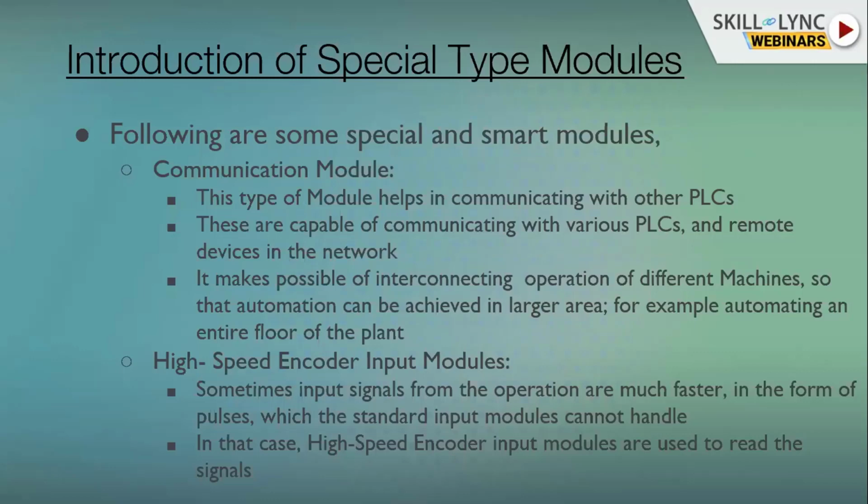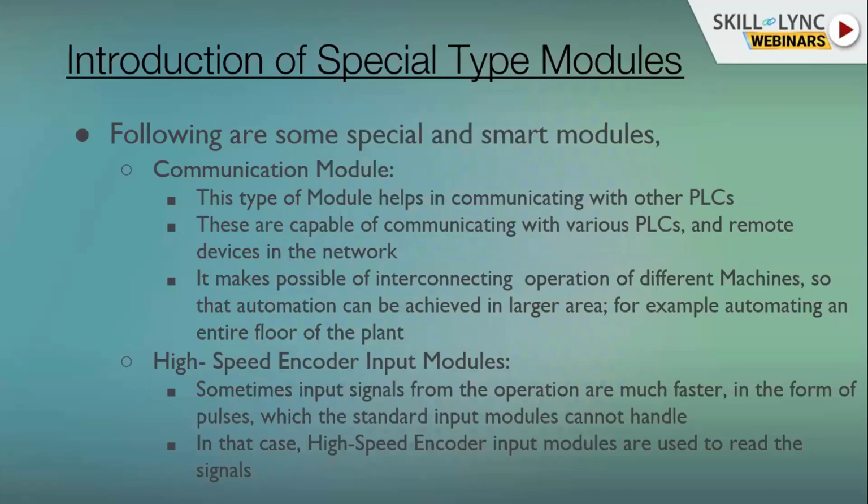For that, specific communication modules are there, which can be used for communication from one PLC to another PLC, or to other devices which are far from that PLC and cannot be put together the way we do in a modular PLC. So there are specific dedicated modules for communication.